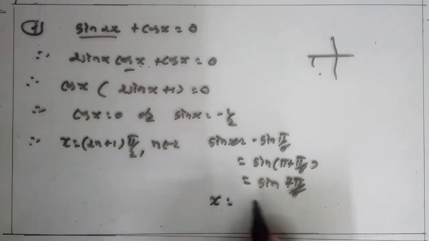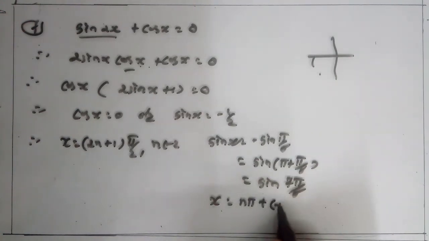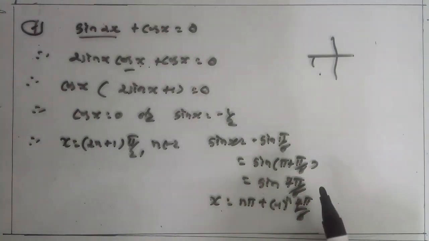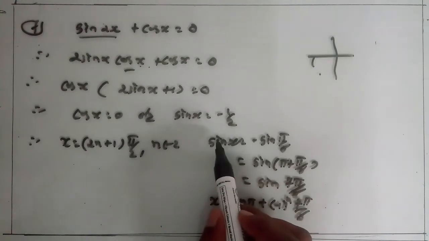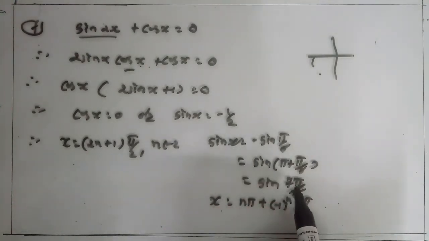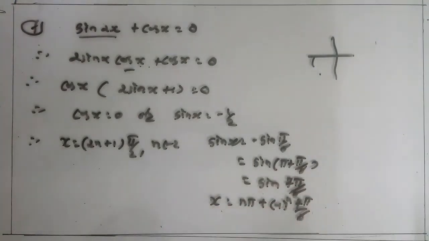So x is equal to, here becomes n pi plus minus 1 raised to n into 7 pi upon 6. Remember this, to get a general solution, we change this into the smallest form.